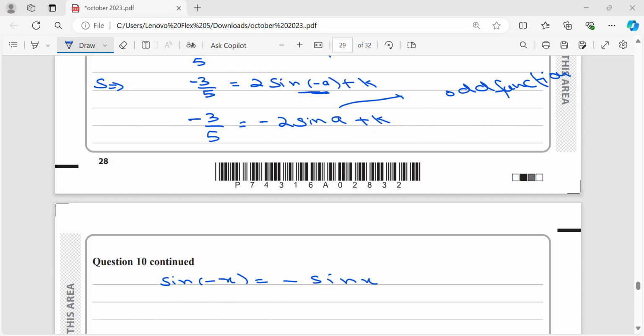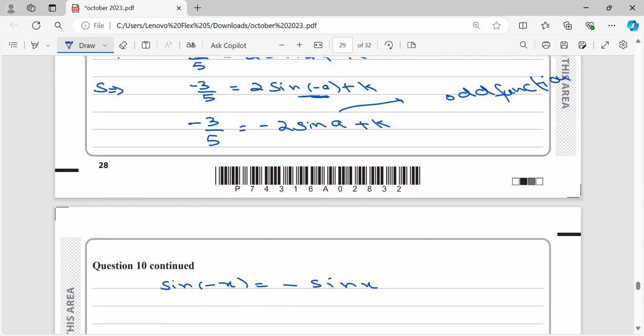So let's say this is sin(-θ), and you get here a negative answer. So this would be -sin θ. So this is the fundamental property of the sine function, and sine is an odd function. Let's go back to our question.